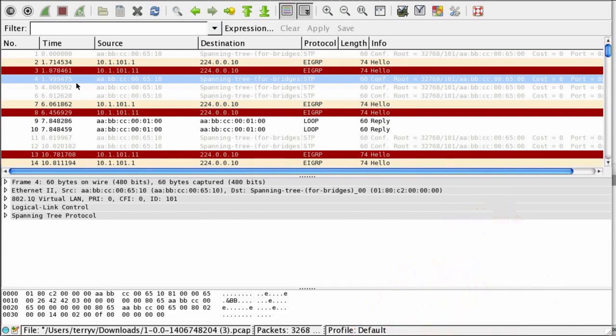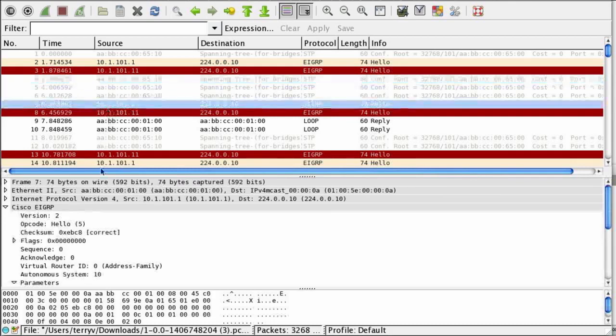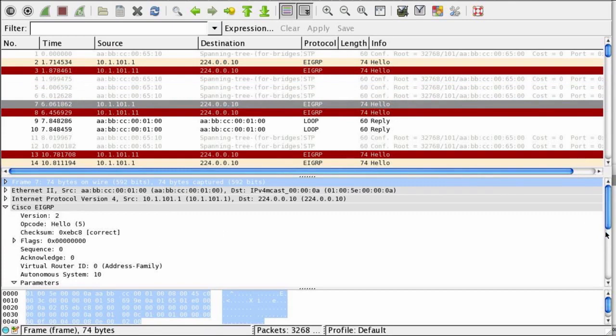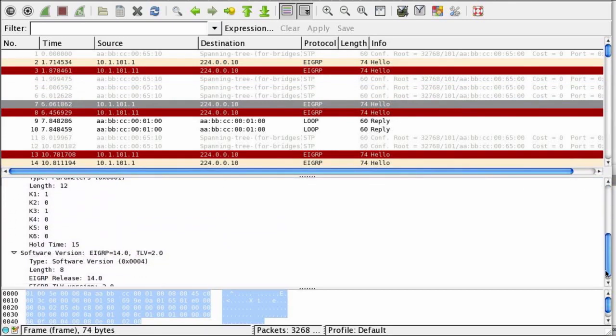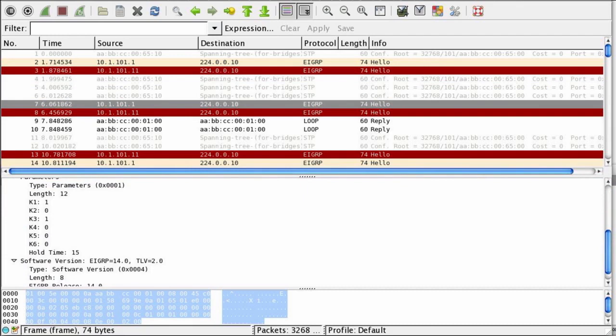Now, as you can see, I have a Wireshark session right here on our screen. And what I want to do is look at an update. I'm going to come under parameters, and I want to look at these K values that we were talking about in passing previously. We have K1 through K6. Now, what I want to point out here is that these are going to have dual meanings.